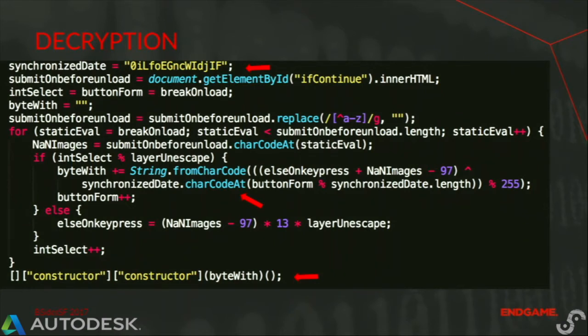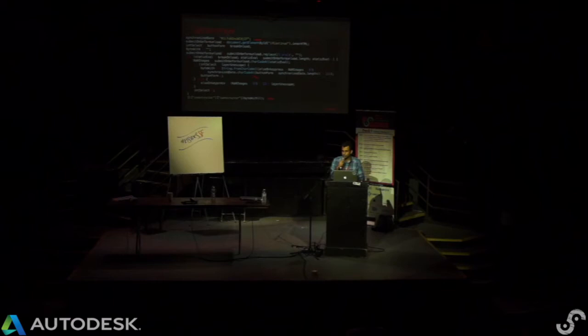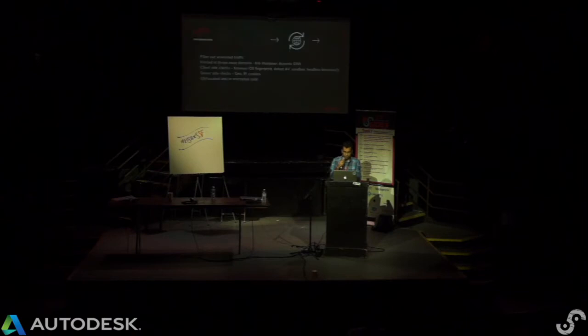And finally, once you get the decrypted string, it's passed on to a function constructor. The function constructor in JavaScript, the Function prototype, is basically a constructor that takes a string argument and returns a function that evals that code. So that's how the code executes. And that code, again, looks very similar to this sort of redirect to the exploit kit landing page.